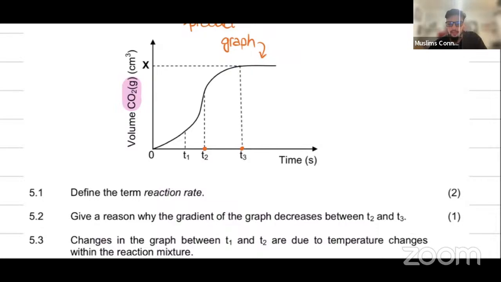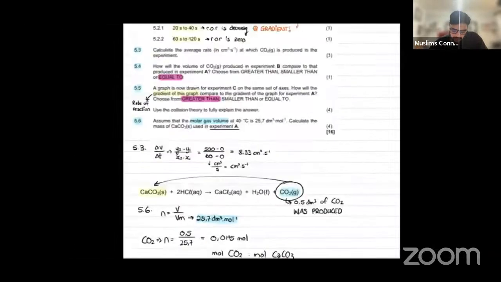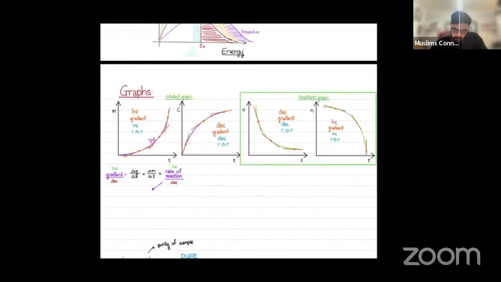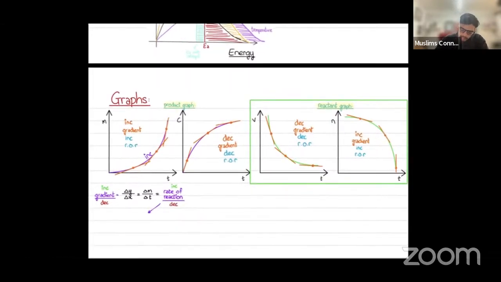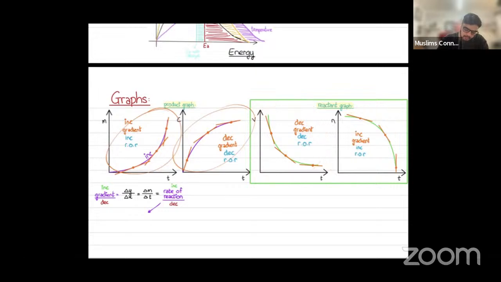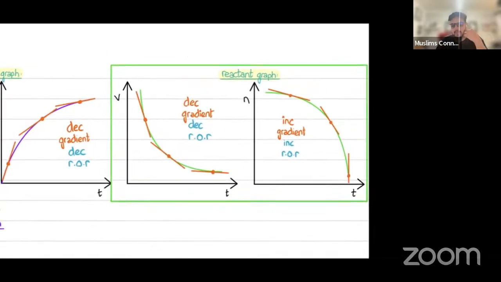So please, we must remember about this gradient story, right? That's why I went through it. We need to be able to understand, so we know for these first two examples, the y-axis value is increasing as we move to the right. And for the second two examples, as we move from left to right, the y-axis value is decreasing.